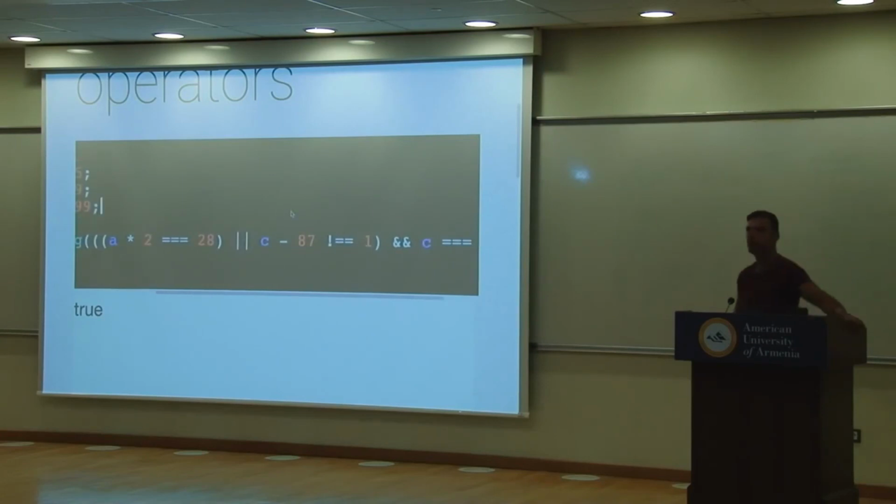An example of when you might want to do this. Suppose someone logs into your website and gives you some username and password. And you know that the password is AUA amazing 123. You can compare their password to that string using triple equals.